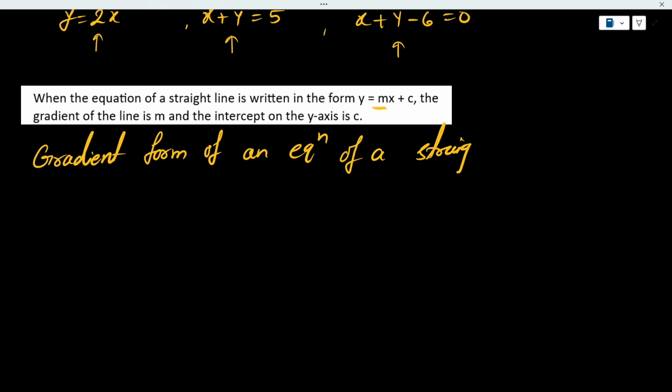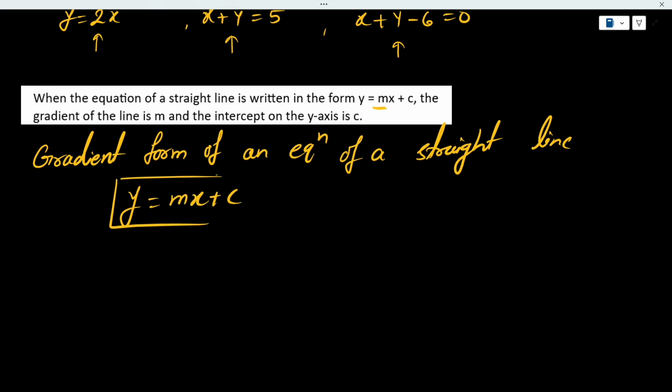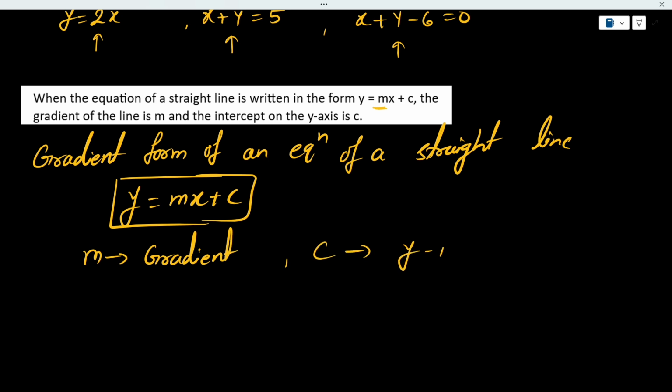We are talking about straight lines only. So you will write y equals mx plus c, which means I have to make y the subject. Whatever the coefficient of x is, that's called the gradient or slope, and c is known as the y-intercept. Wherever the straight line cuts the y-axis, that's called the y-intercept.